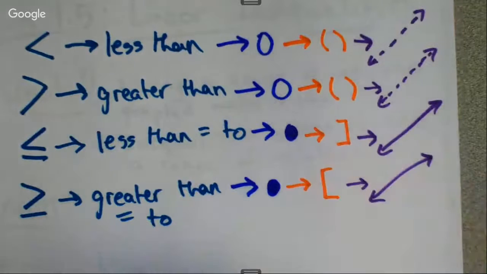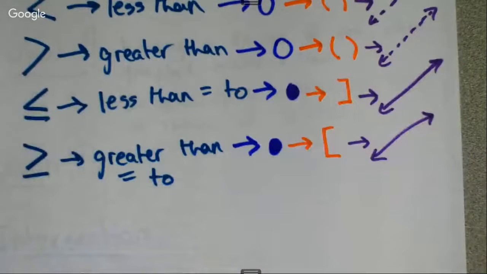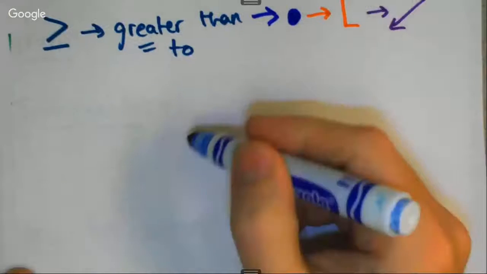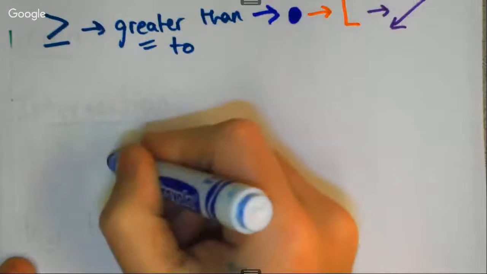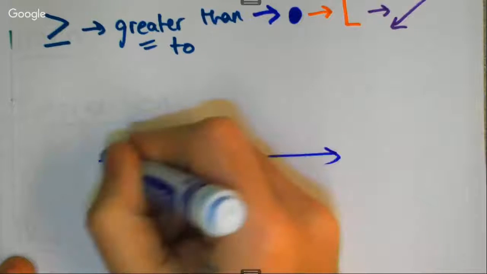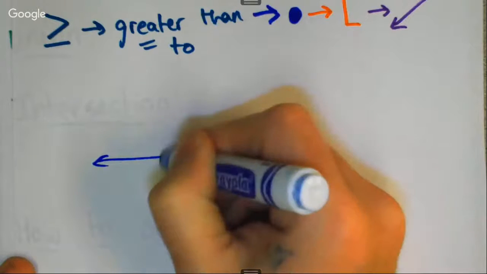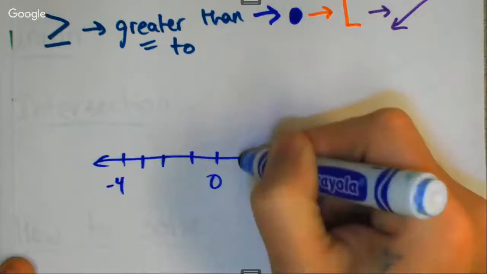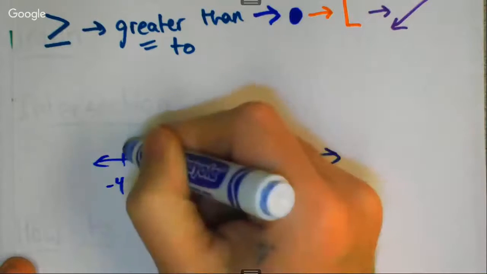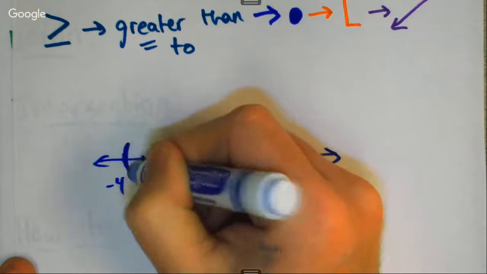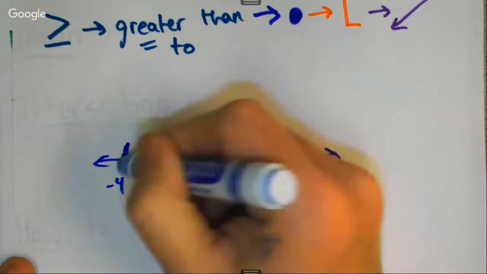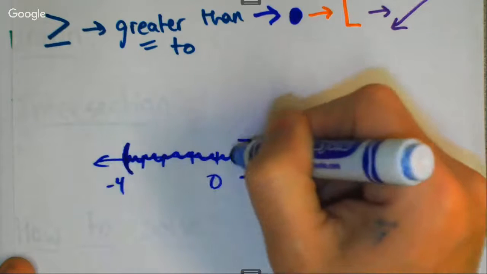So just for a quick example, you'll see some of this. So let's say I have this on my number line, so 0, and 2. So let's say we have a parenthesis here, a bracket here, and I want all the numbers in between.